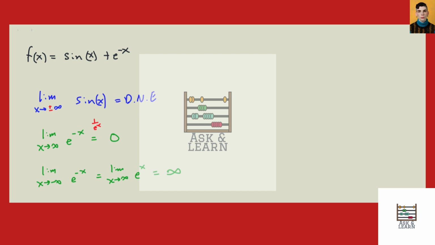So if we were to make a guess, for the limit as x approaches infinity of f of x, we might guess that this goes to sine of x, since we found that e to the negative x goes to 0 in this case.